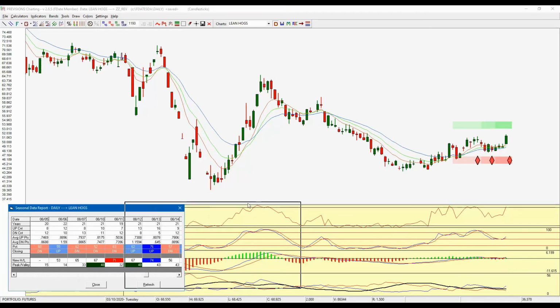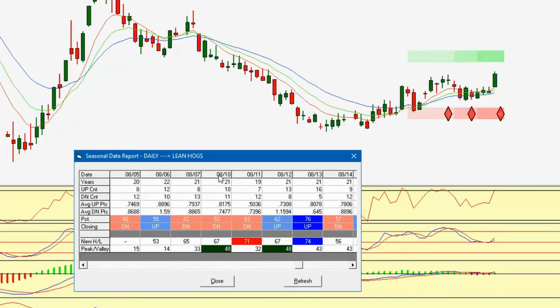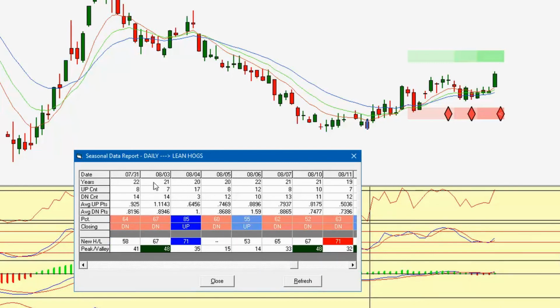And again, come over here to your seasonal data report and take a look at 8/10. And if you'll notice, it has a peak valley indicated. So strong indications for a potential swing top. The previous one is listed as 8/3, and that was right here.